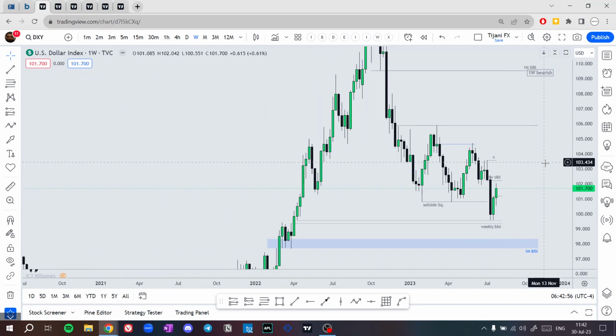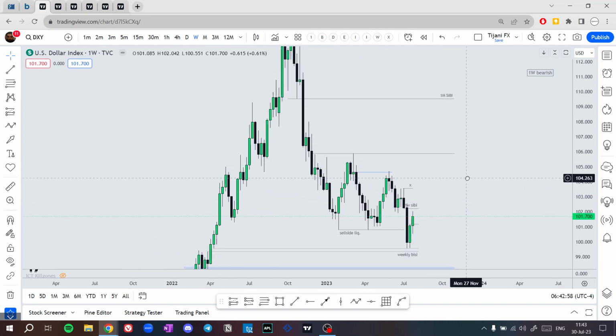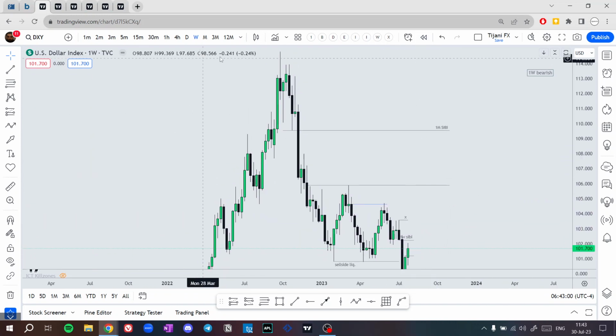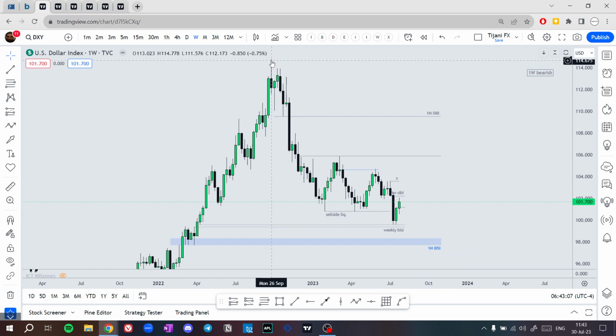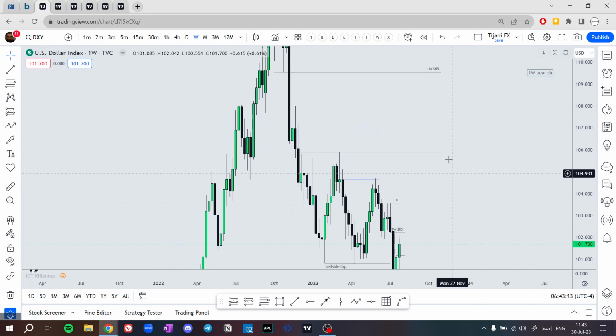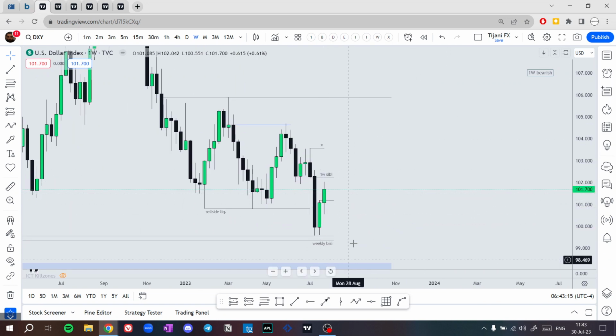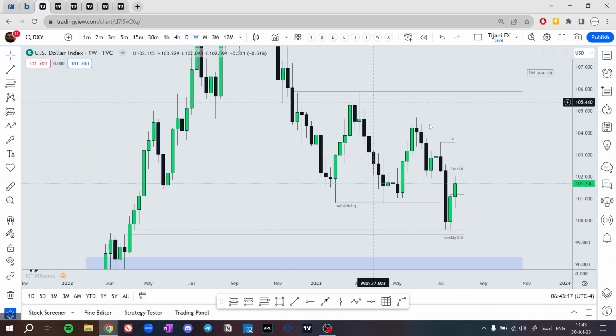Then we could say, after price fills this monthly CB, is price gonna continue higher, making a higher high, or is price gonna just retrace lower from premium of this range, from this high to this low, to drop lower? Until then we're still expecting bearishness from the weekly time frame.